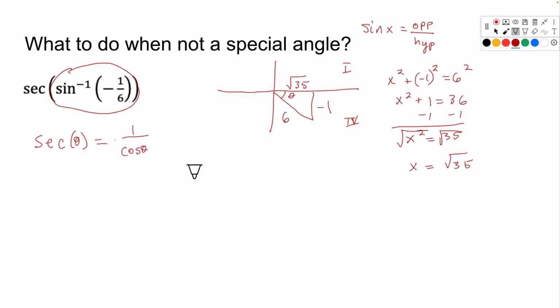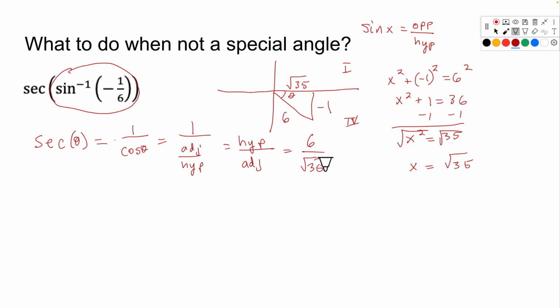Cosine is adjacent over hypotenuse. Since it's in the denominator, it's the reciprocal of that. So secant is going to be simply the hypotenuse over the adjacent side. From my triangle, the hypotenuse is 6. The adjacent is square root of 35.